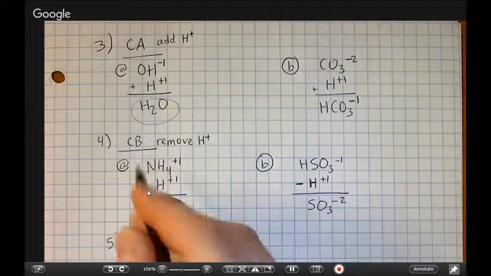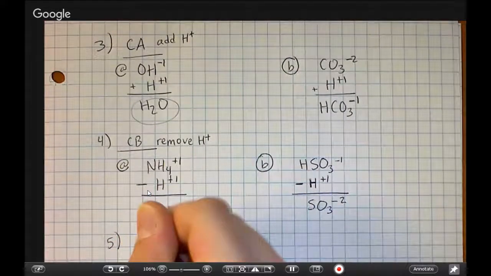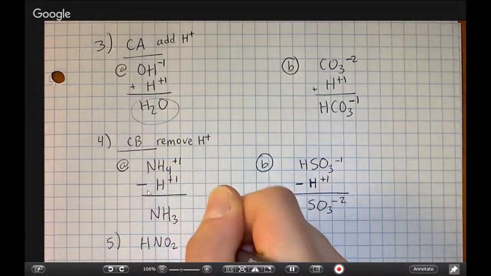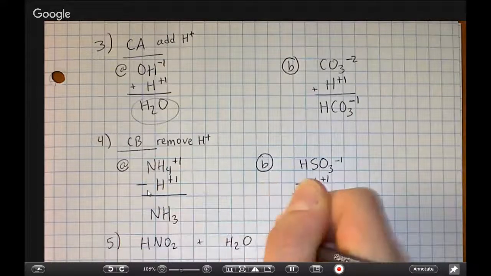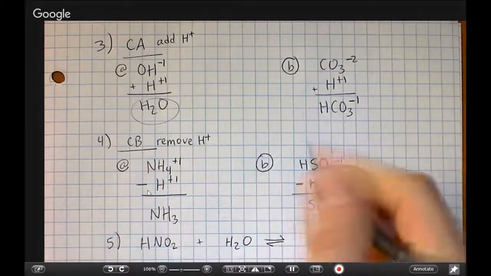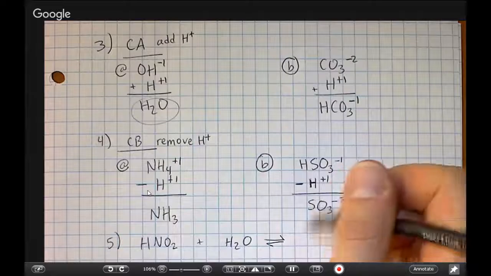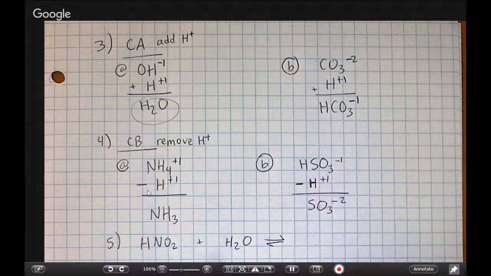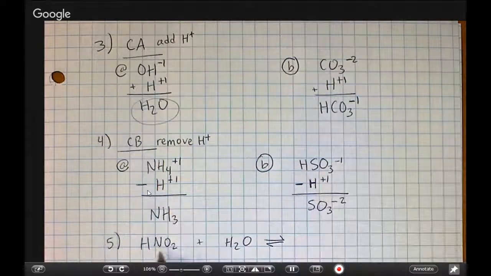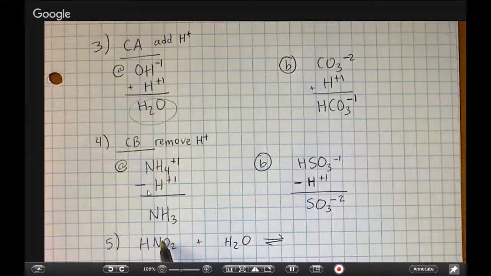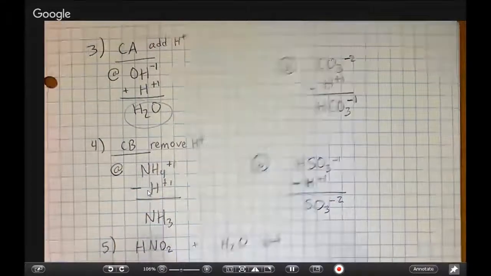Okay. For 5, you have the following equation, HNO2 plus water, and they're showing it as a reversible reaction or at equilibrium, probably because nitrous acid here is a weak acid. So we're going to see this week that if it's weak, it's going to set up an equilibrium.